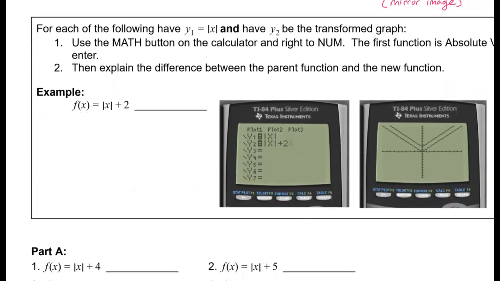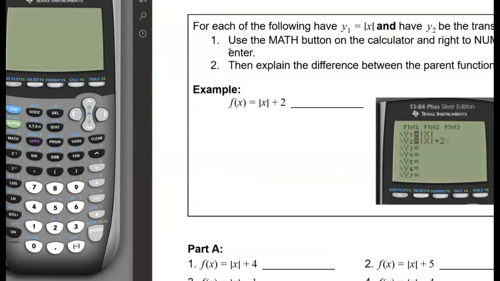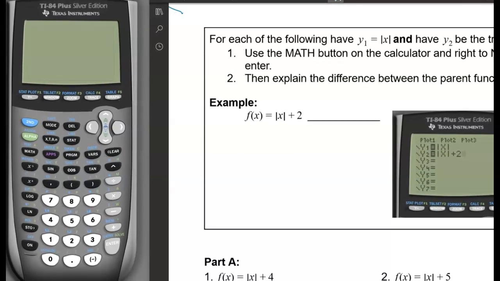Now, everybody needs to get a calculator. All right, guys, so we're taking out our calculator. And first thing we're going to do is practice putting absolute values into our calculator. If we want to see what it looks like on a graph, where are we going to input the equation? Into y equals. Good.